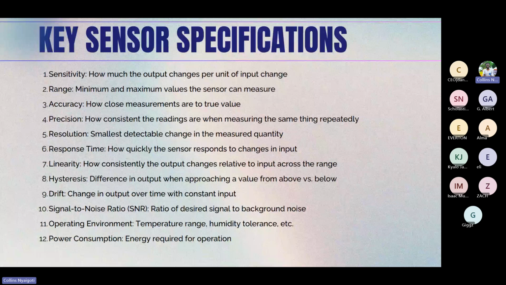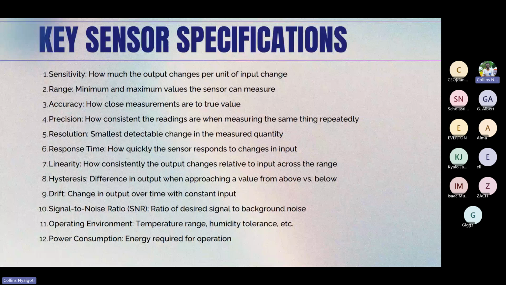Then after some time at that 20 degrees, its reading changes from 19 to maybe 18. That's a sensor that is not really accurate, so it's not measuring the 20, and it also has drift. The physical temperature has not changed, it's still 20, but the temperature reading changes after some time. That's the drift, change in output over time with constant input.